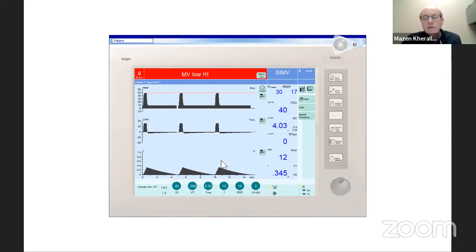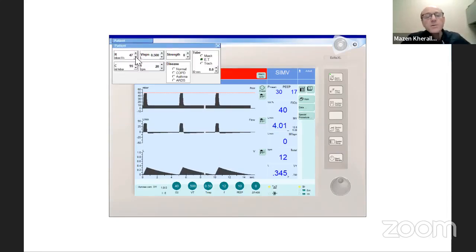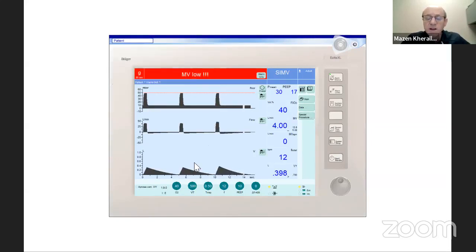So again, the interventions that you do on the ventilator for dynamic hyperinflation would be, number one, eliminating any plateau time in inspiration. Number two, deliver the tidal volume faster to create more time towards expiration. This way you won't affect the minute ventilation.